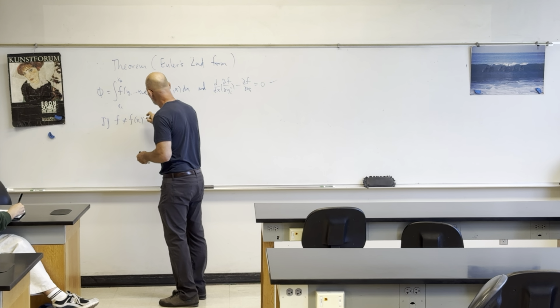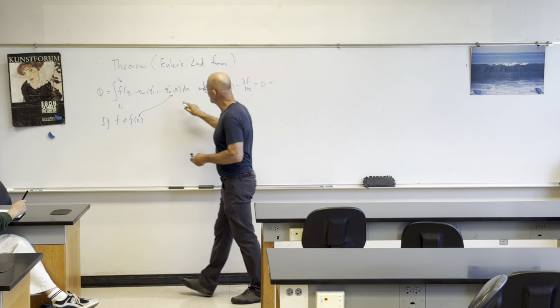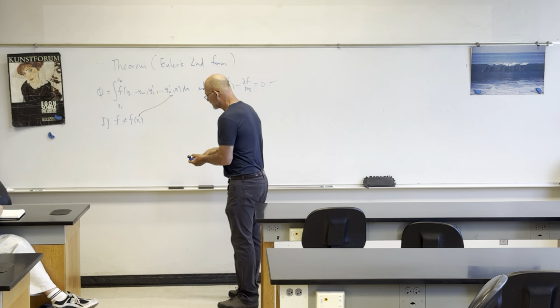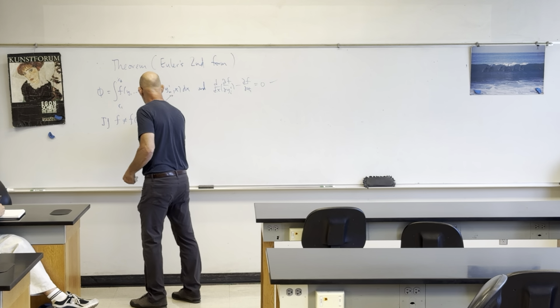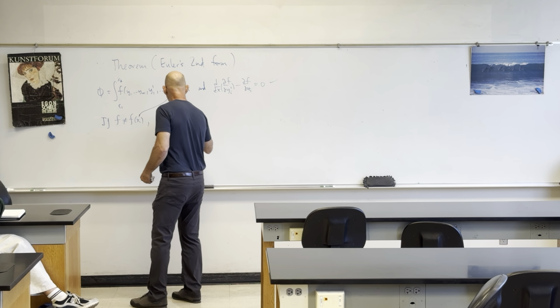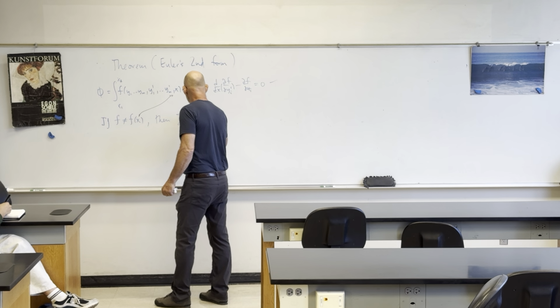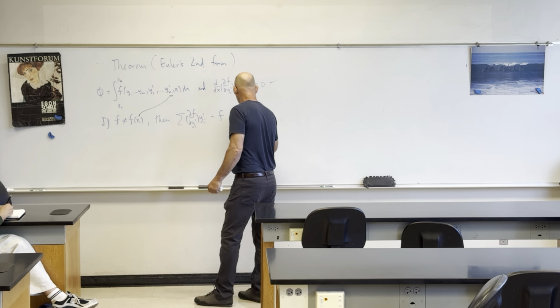If f doesn't have this guy, this x there, then we have a really useful theorem: the sum of df/dy sub i prime times y sub i prime minus f is equal to a constant.